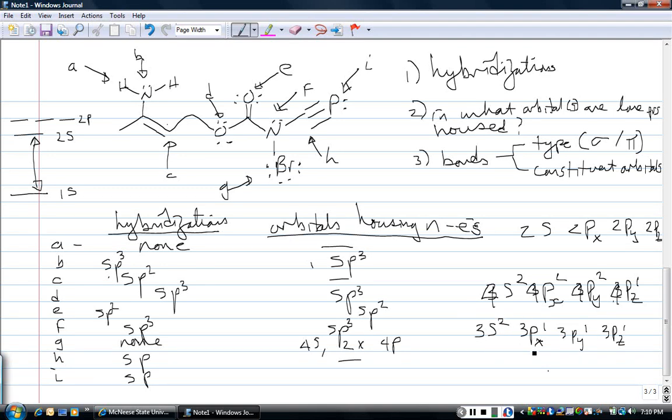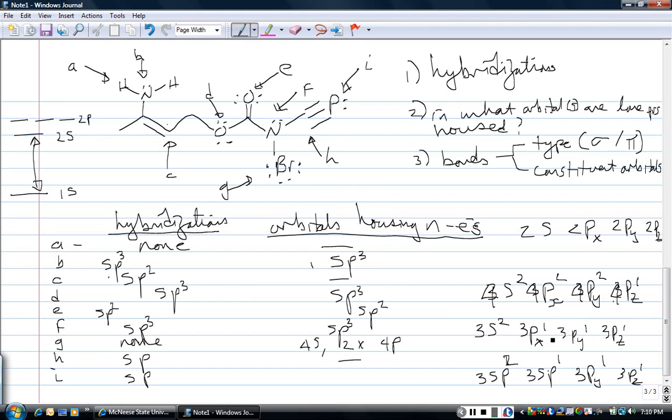It'll mix that lot together and it will be sp hybridized. So I'm just going to very quickly do this one. It'll be 3sp, 3sp, and then 3py1 untouched, 3pz1 untouched. These 3 electrons that were in the 3s and the 3p orbitals will go 1, 2, and then double up.